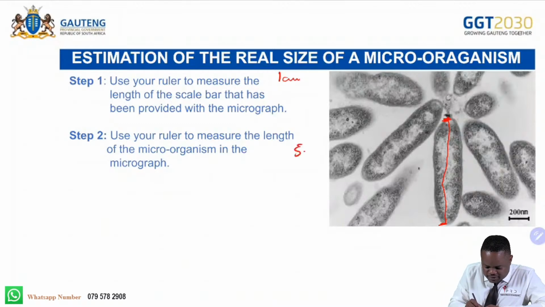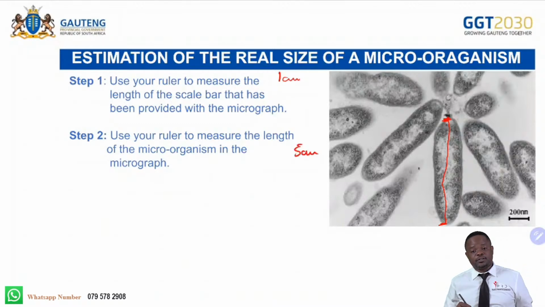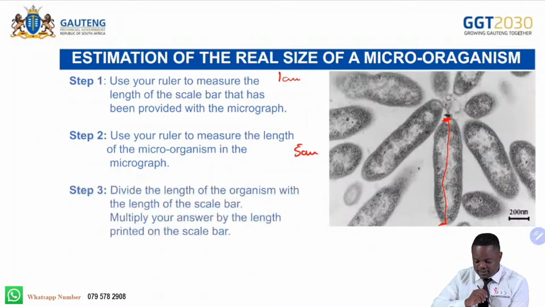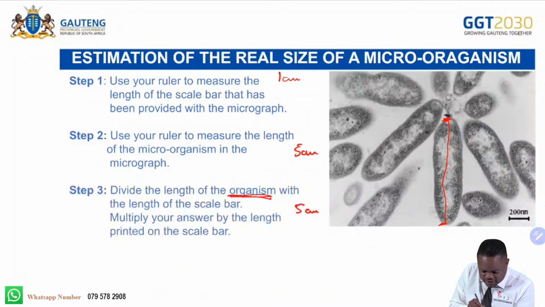I'll put 5 centimeters here. Right, step number three, what do you do to get the actual length? You divide the length of your organism, remember, that is my 5 centimeters, by the length of the scale bar. The scale bar, we say it is 1 centimeter, so I divide that by 1 centimeter.